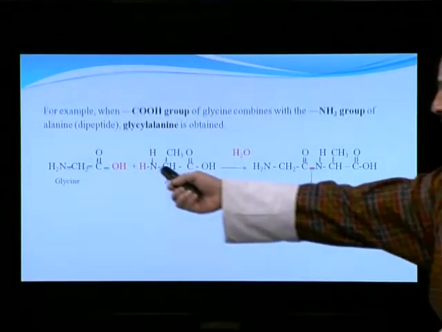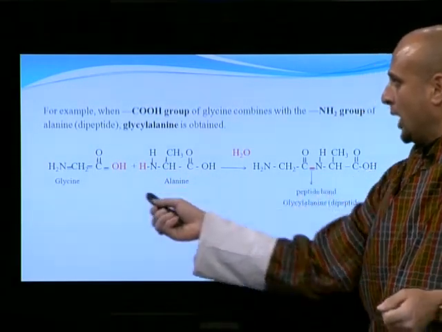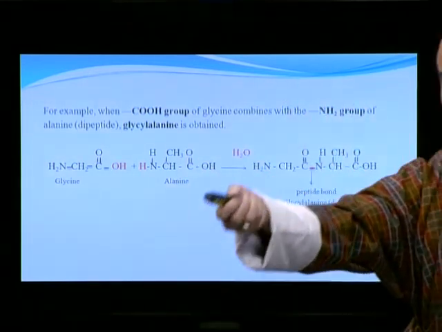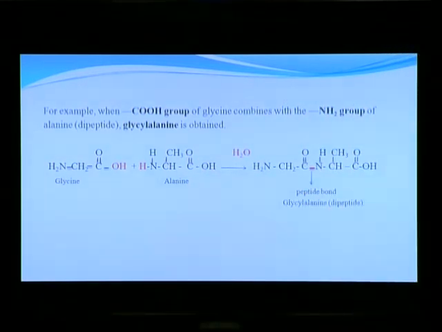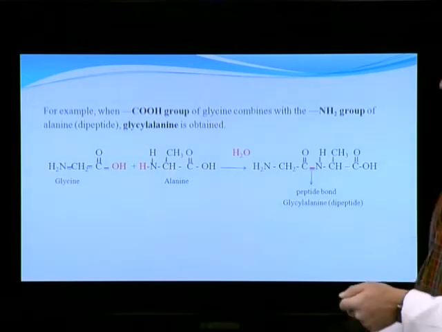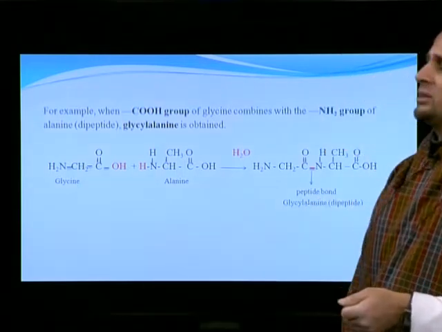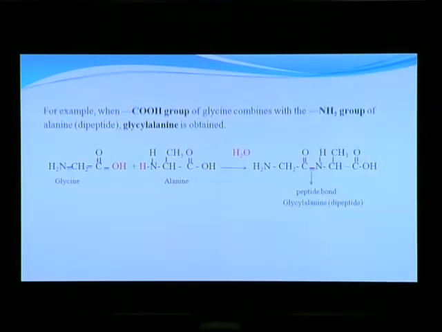So let's take some examples here. Now you can see here, we have taken glycine, and then we have taken alanine. So these are two different amino acids. So this is going to be a dipeptide, di because two. As we have already discussed, a peptide bond can be formed between similar types of amino acids, or between different types of amino acids.